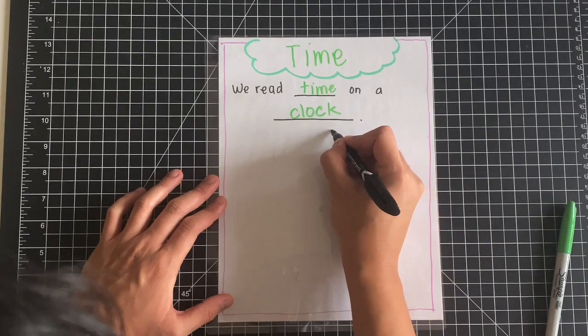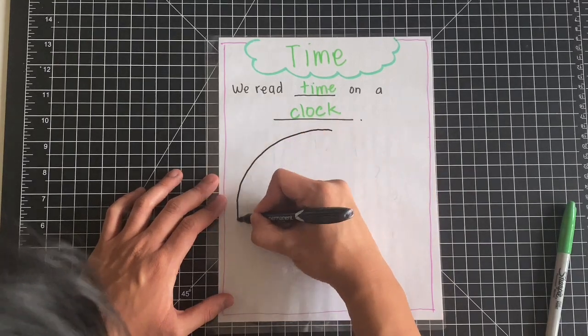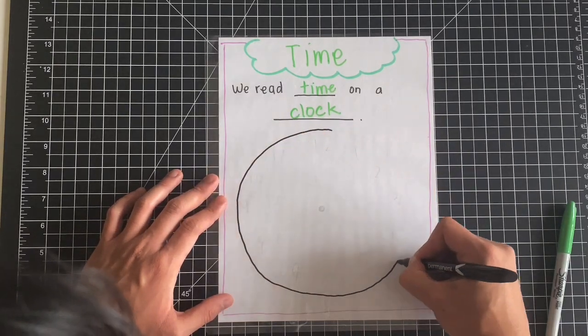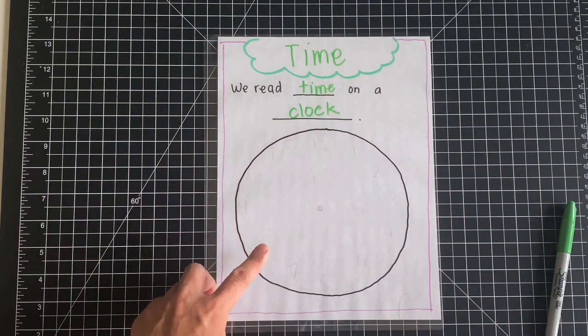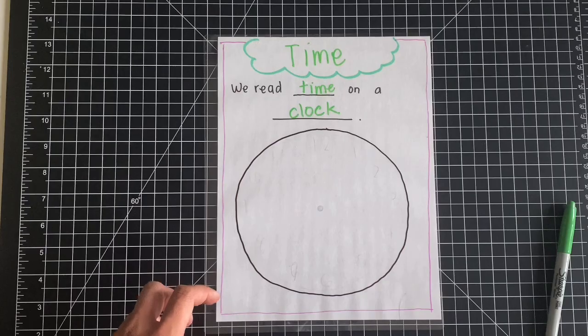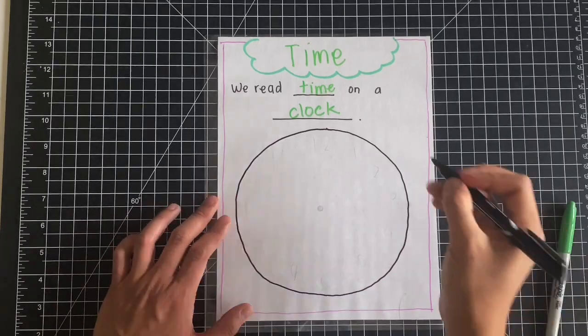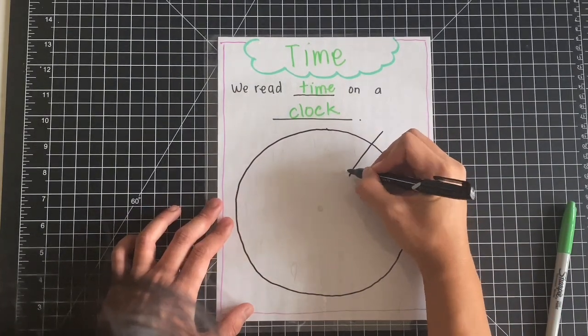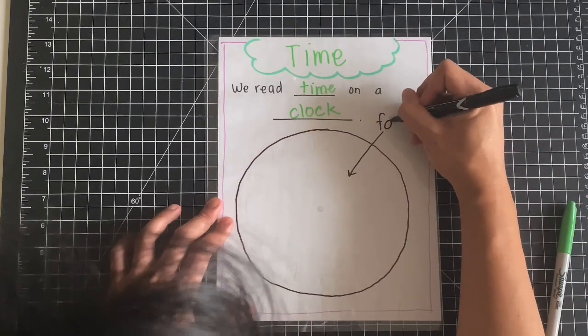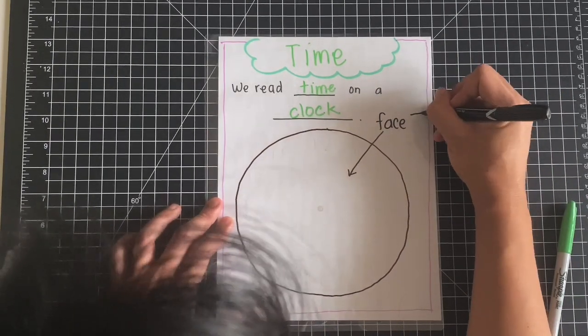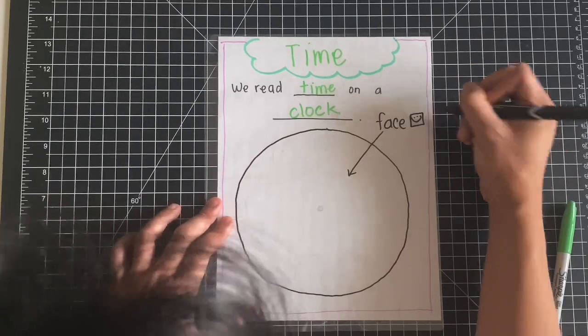Now, most clocks, like the one in our classroom, are this shape. What shape is this? It's a circle. Now, the shape of the clock is called the face. So I'm going to point to the shape of the clock. I'm going to write the word face. A little happy face like that.